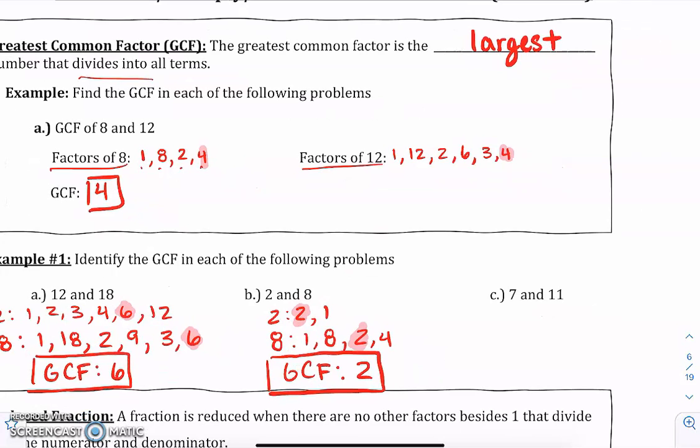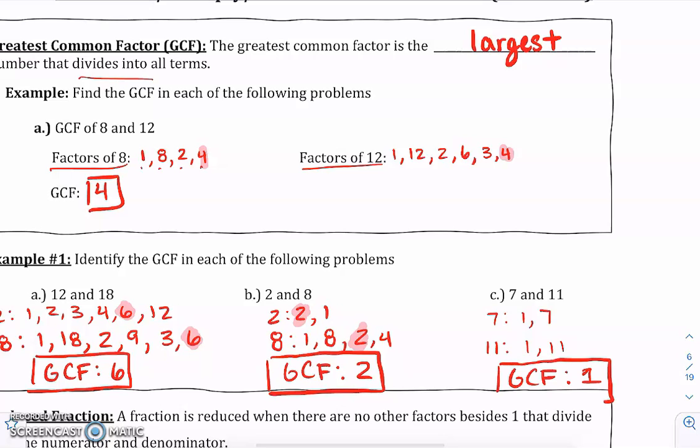So how about 7 and 11? This is a unique situation because they're both prime. So both 7 and 11, the only factors they have are the number itself and 1. The factors of 7 are 1 and 7. The factors of 11 are 1 and 11. So the greatest common factor here is really just 1.